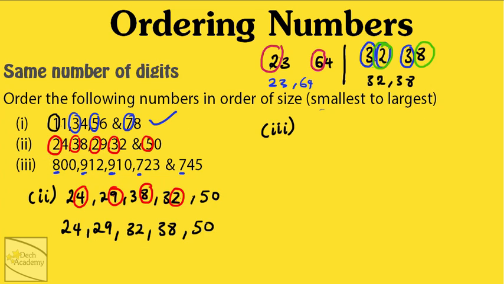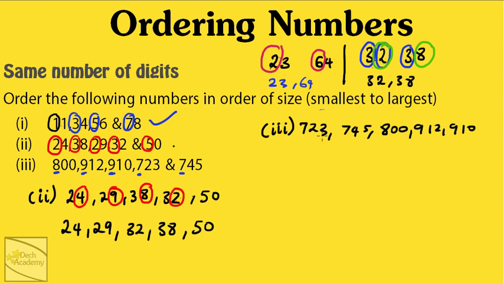As you can see, 7 is smaller than 8, 8 is smaller than 9. So the numbers which have 7 as the first digit must come first. So 723, then 745, then 800, then 912, then 910.